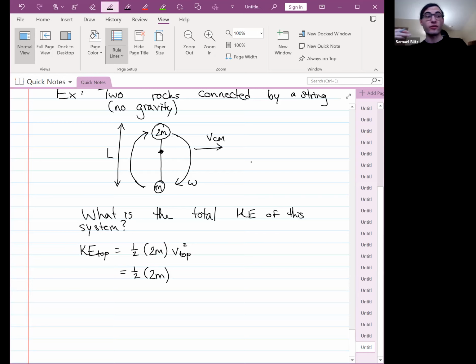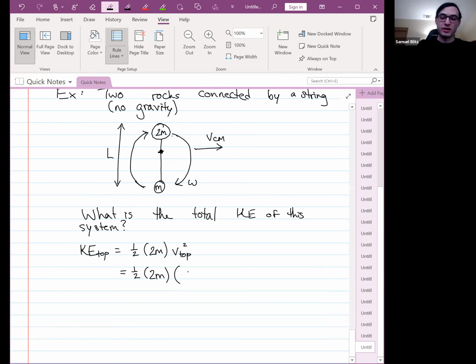And in fact, we can see fairly easily that the speed here would be the speed due to the rotation plus the speed due to the motion of the center of mass. If it wasn't rotating, it would still be moving with the center of mass speed. And if the center of mass wasn't moving, it would still be moving to the right because it's rotating. So the rotational speed, we know how to find that. We can write that in terms of the angular velocity and the radius. And the center of mass speed is just the center of mass speed.